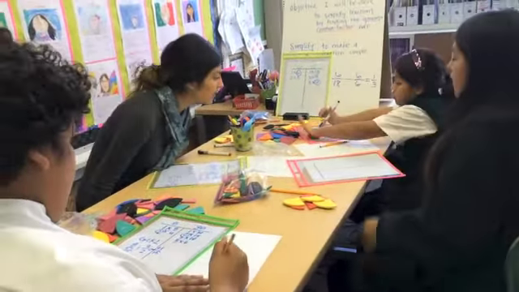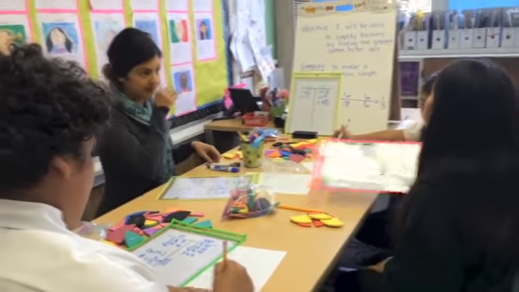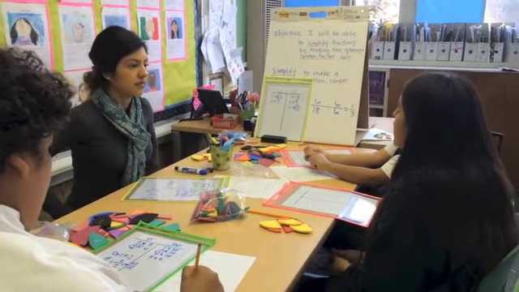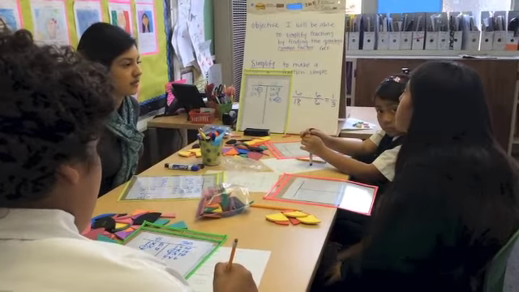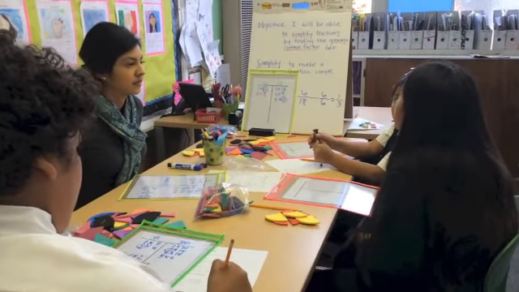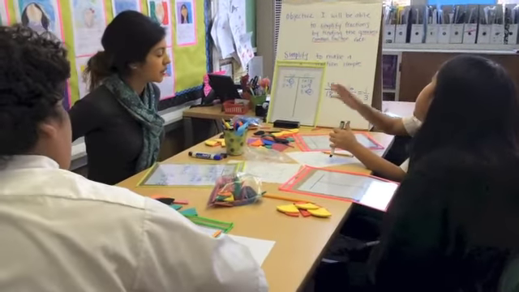I want you to explain to me what you learned today. What did you learn today, Luz? Today I learned greatest common factor and simplest fraction. How to simplify fractions. Okay. What did you learn, Paula?